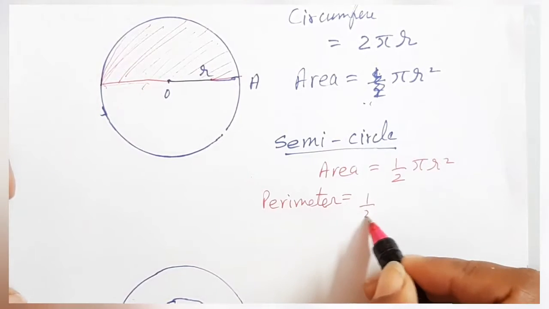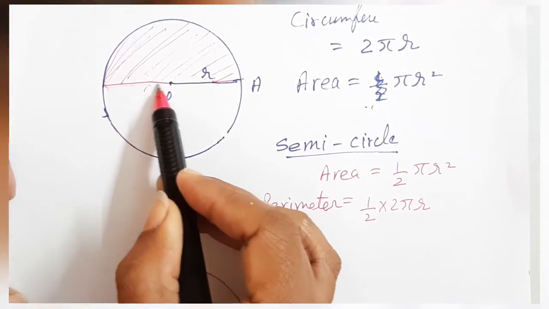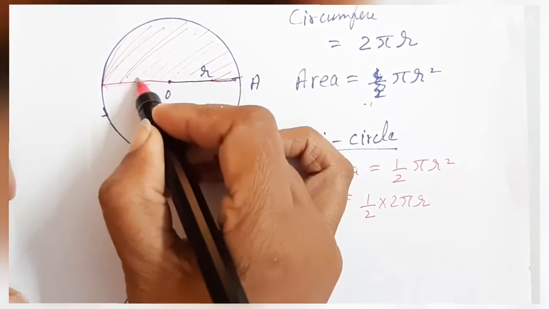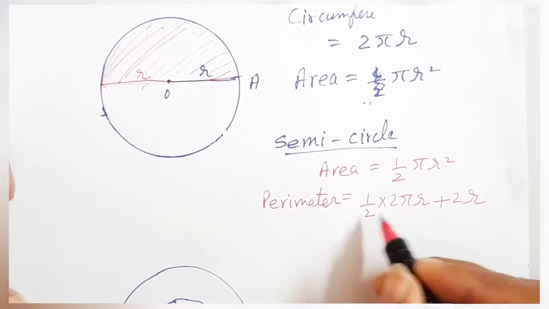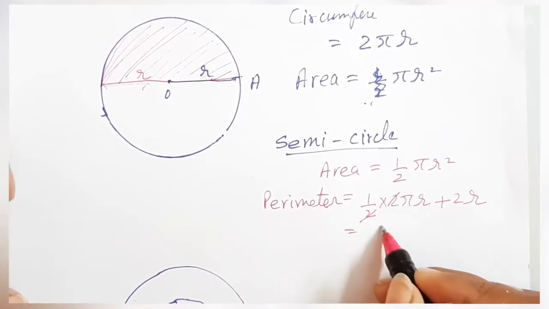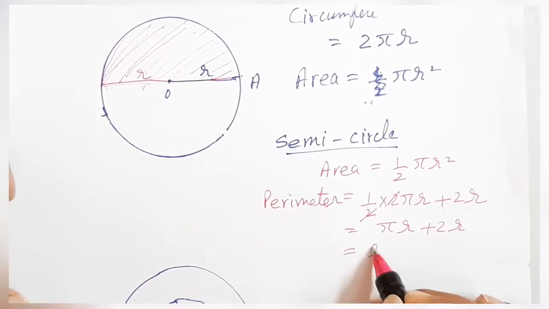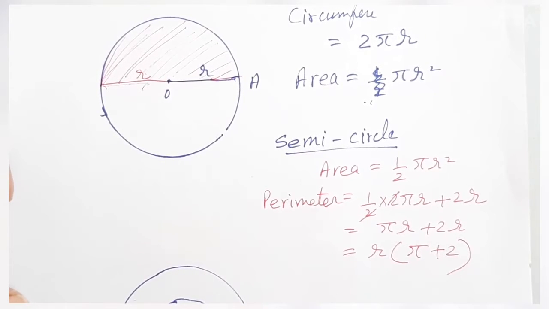So half into 2 pi r plus this diameter. Diameter I can say 2r also. So plus 2r. Now half and 2 will get cancelled. So pi r plus 2r. Again you can take r common. It is r times (pi plus 2). So this is the perimeter of a semicircle.